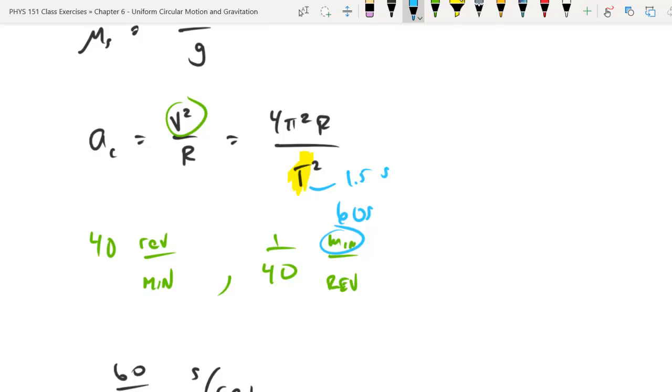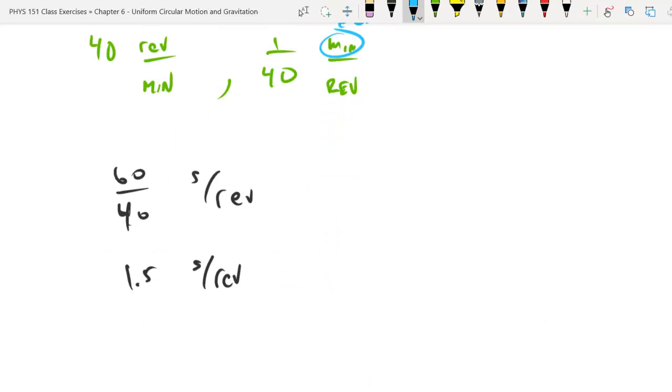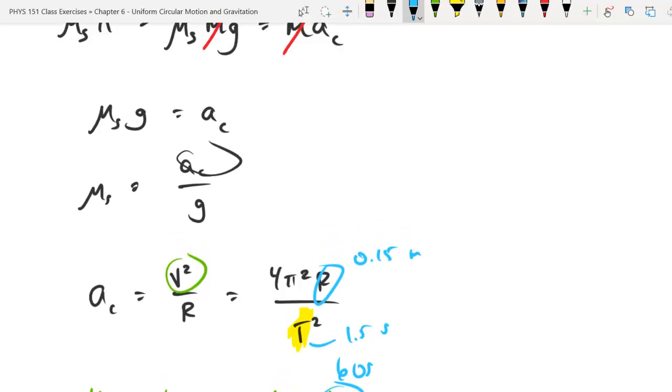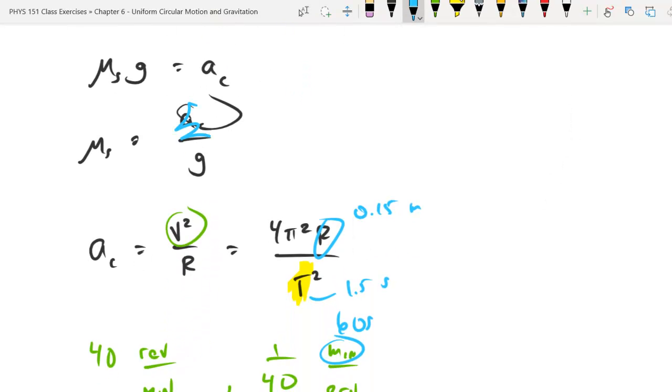And the rest of this stuff we can just plug in. Radius was 0.15 meters, right? And so we can just plug into what we had over here: the centripetal acceleration divided by g.